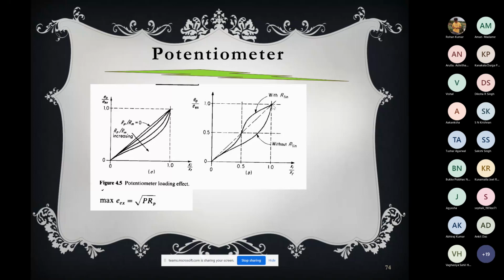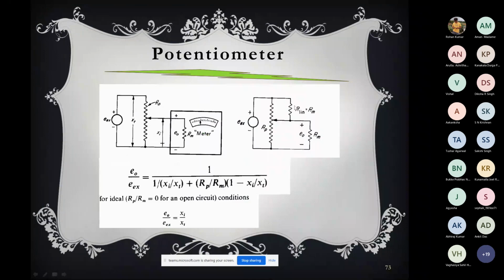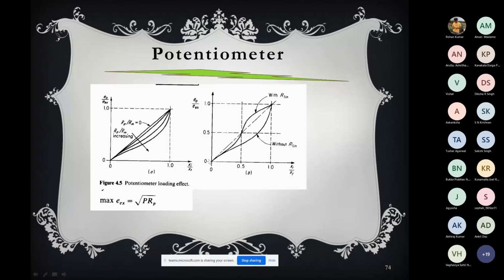To avoid this, we make another arrangement. We add another resistance Rin, which is equal to Rm. In such a case, you have to derive the expression, and from it you can see that it is still non-linear, but the linearity will improve. Non-linearity will be much less than without Rin. So is it clear up to this?